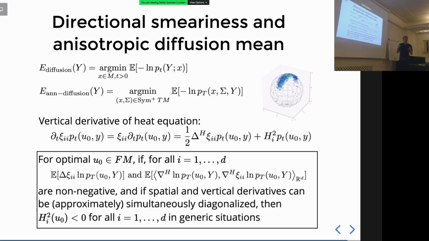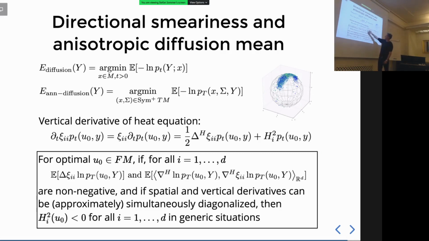And then one could hypothesize that in this situation, where you optimize for both time and position, you would get non-smeariness. You get the second order derivative with respect to the position to be non-zero. And why could you think that could be true, except because it makes sense? Well, you can take derivatives of the heat equation with respect to vertical variations, that is, variations of your frame or the covariance in different directions.